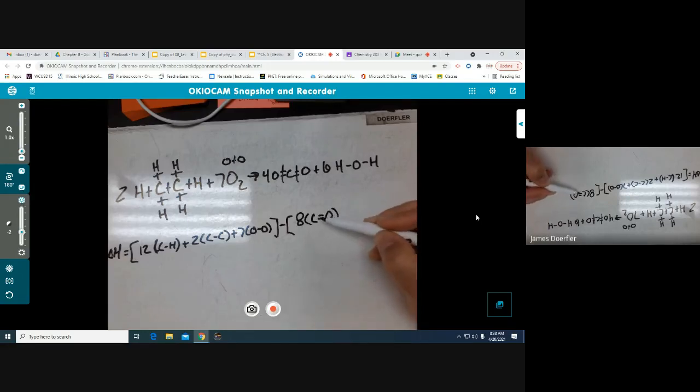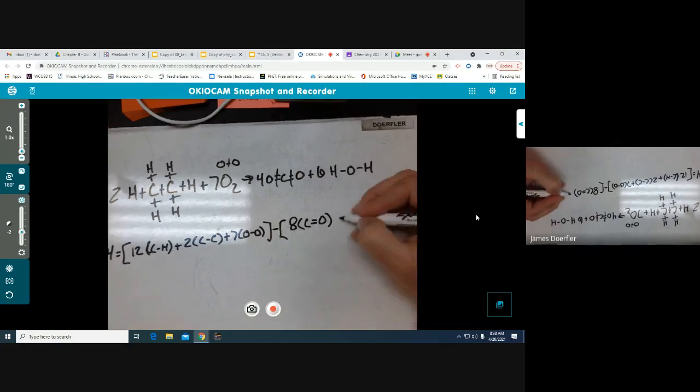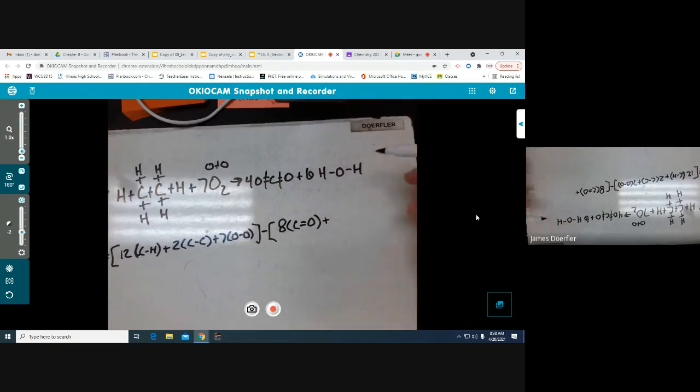Notice how I indicated it's a double bond in here as well. That tells me I need to look at different values. Plus, excuse me, we have H2O. We got hydrogen to oxygen single bonds. We got 2 of them. Slash. So we had 2 hydrogen to oxygen single bonds in 1 molecule.